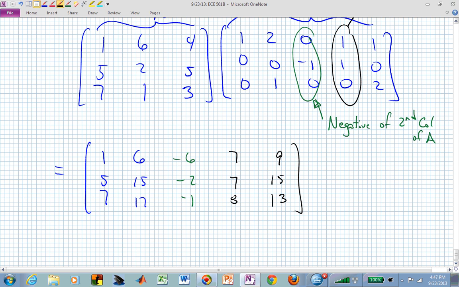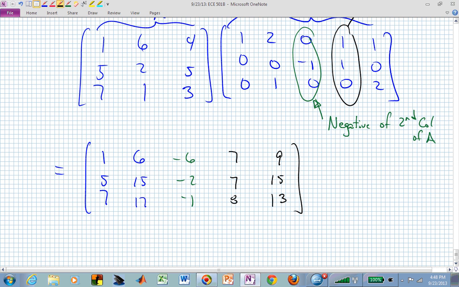We now have 2 times the first column, which gives me 2, 10, and 14, and I add that component-wise with just the third column, which is 4, 5, and 3. In the first place, that's 2 plus 4, which is 6. In the next place, it's 10 plus 5, which is 15. And in the bottom row of that second column, it's 14 plus 3, or 17. And that's where this 6, 15, 17 is coming from.